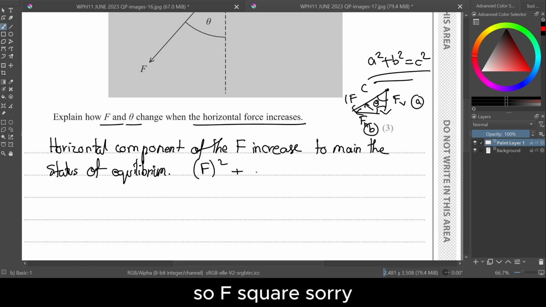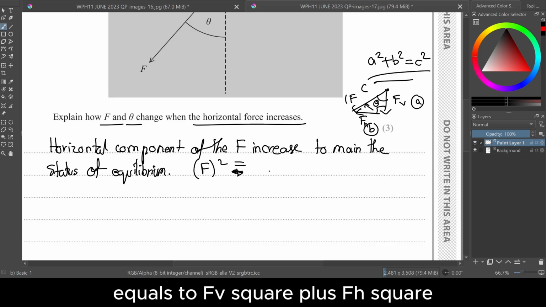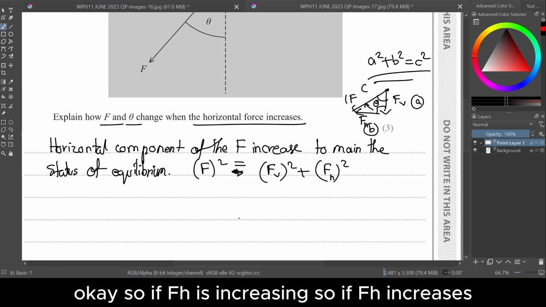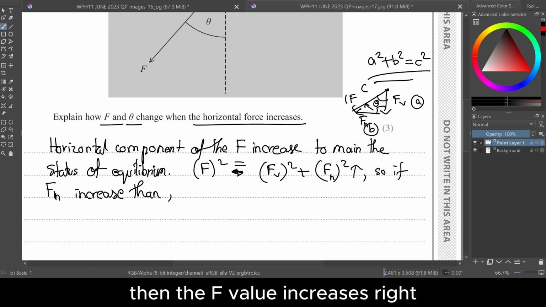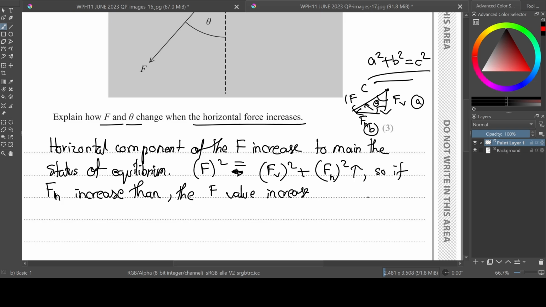So F square equals FV square plus FH square. Okay. So if FH increases, then the F value increases, right? So we have to just say that.